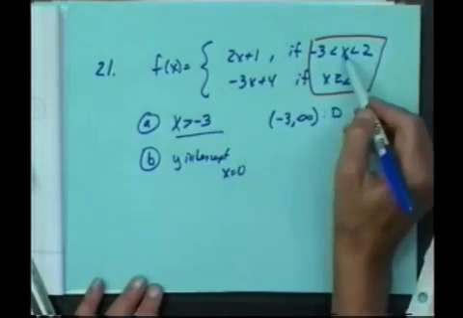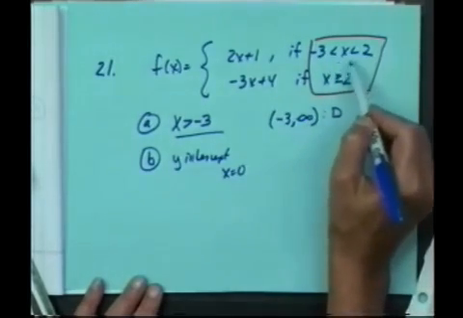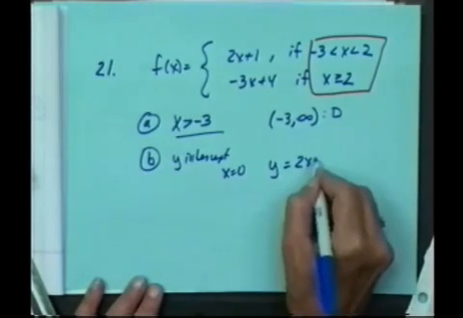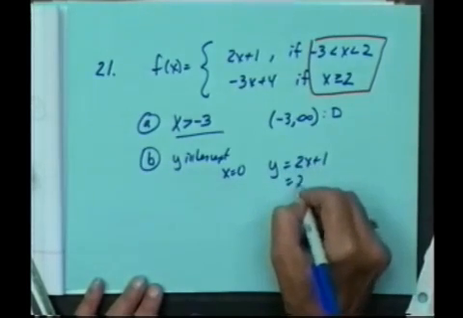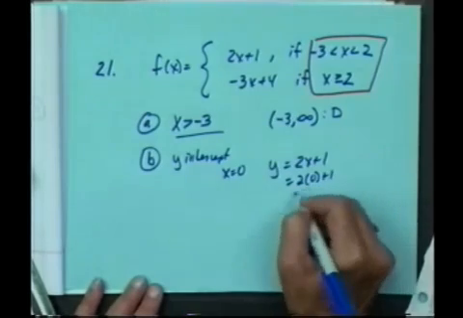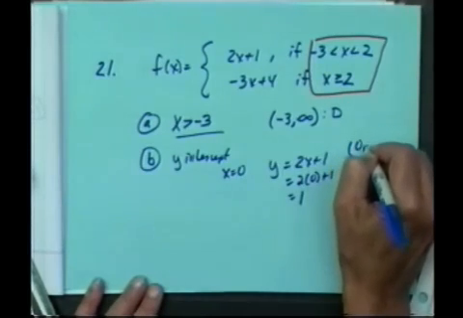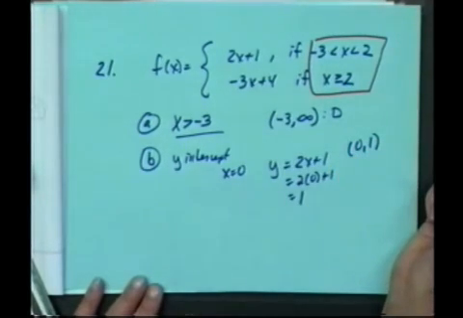Okay, x being 0 has to fall in the interval between negative 3 and 2. So we would use y equals 2x plus 1, or 2 times 0 plus 1, or 1. So the y-intercept is (0, 1). Correct?